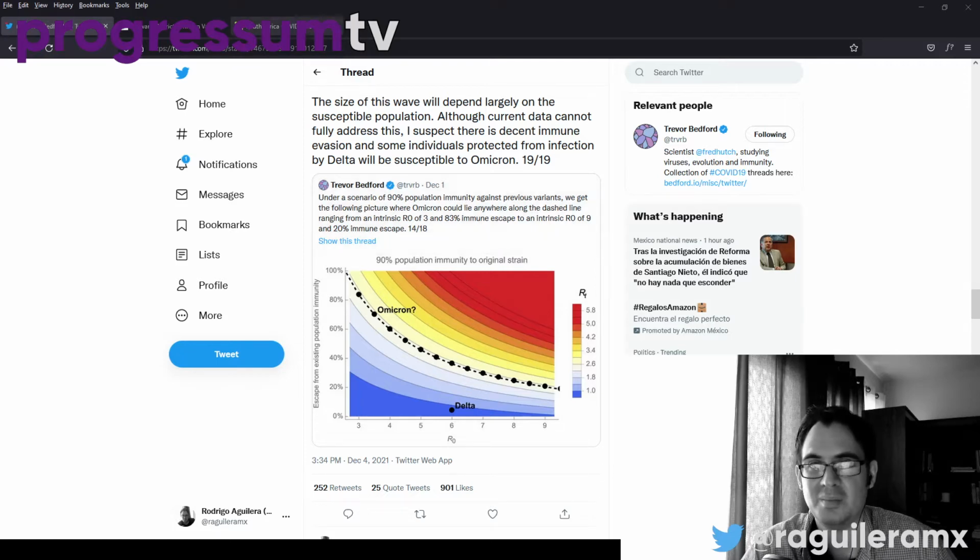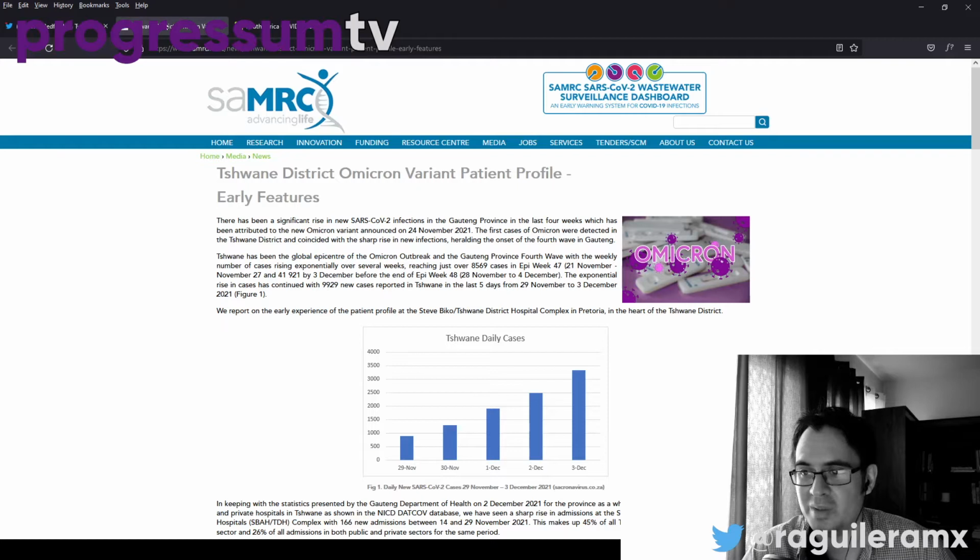Well, because we also now have some early data on mortality and severe disease. And this is really, I would say, the blessing: Omicron apparently is milder than Delta.